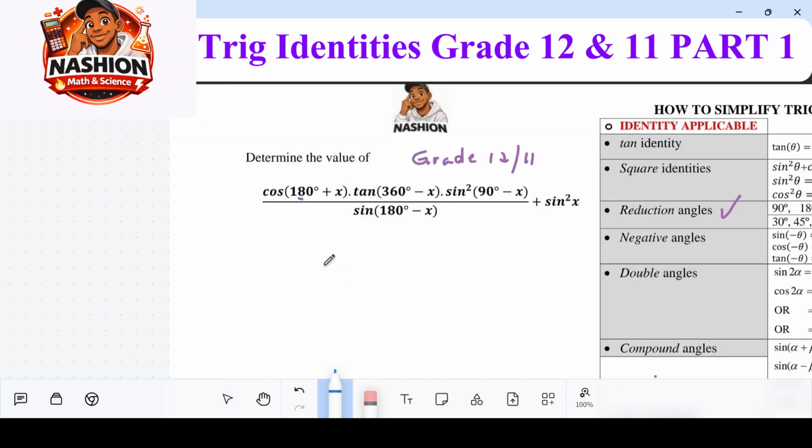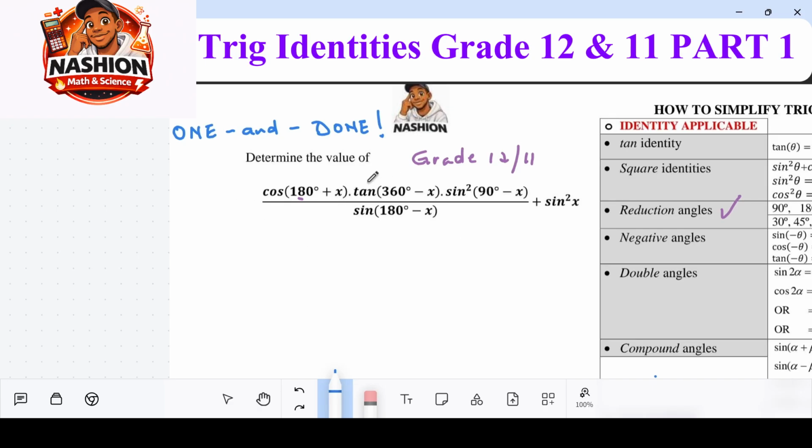But watch this. Since these reduction angles are all about whether the trig ratio is positive or negative, we can use another alternative method. I call it the one and done method. One and done. What we do, in the place of x here, wherever we see x, since x can take any value, we can just choose to substitute 1 in the place of x to find out whether cos is positive or negative, next tan is positive or negative, sine is positive or negative, and all that.